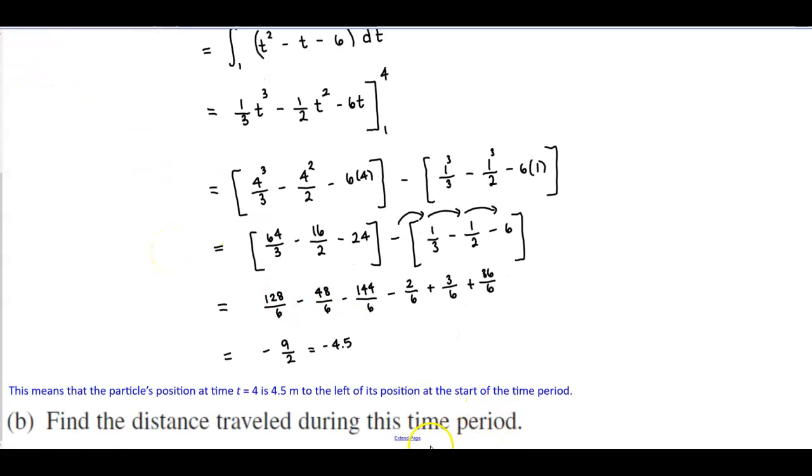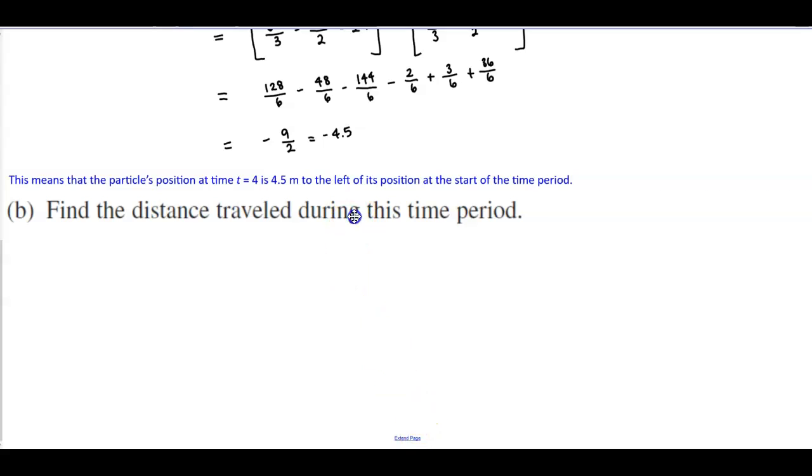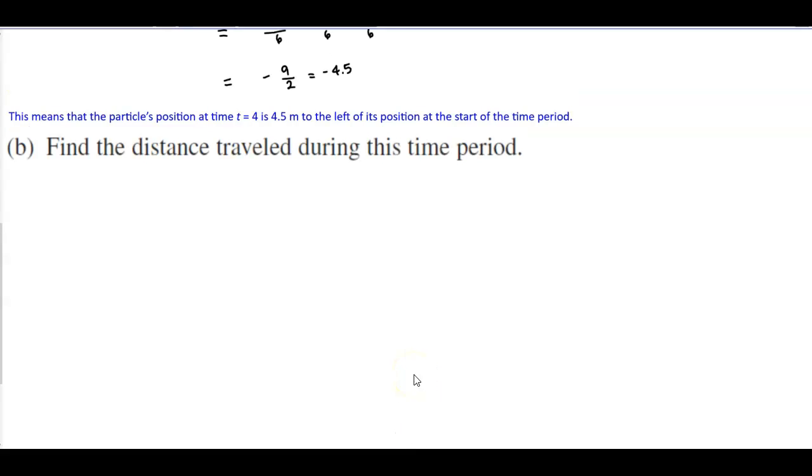Let's take a look at part B. In part B, it's asking us to find the distance traveled during this time period. Okay, so the first thing we need to do is look at this function. We know that v of t is equal to t squared minus t minus 6, which means that if we factor this, we would get t minus 3 times t plus 2, which means there are going to be 2 t-intercepts.